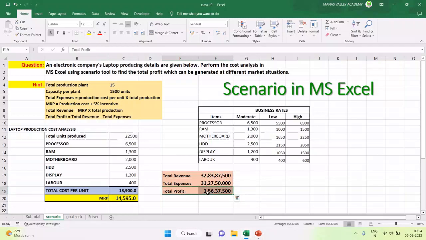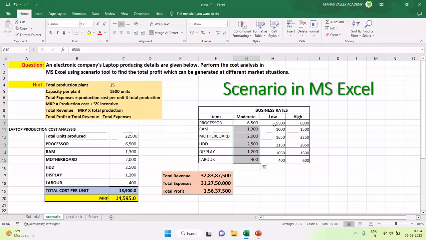Now what is the profit of the company? The profit will be the total revenue minus expenses. This is the total revenue earned and this is the expenses. If you subtract, this is the amount which the company earned as profit. This is the profit at the given rates, during the moderate business season.